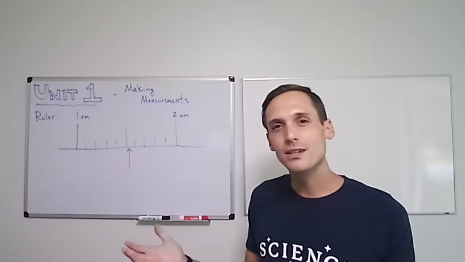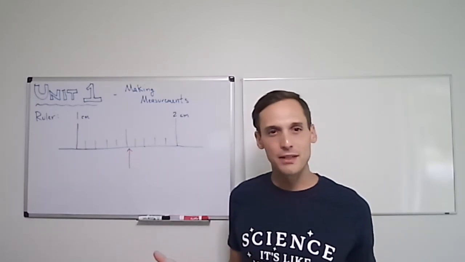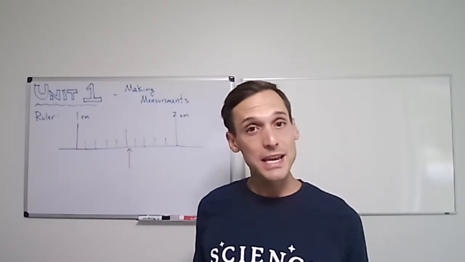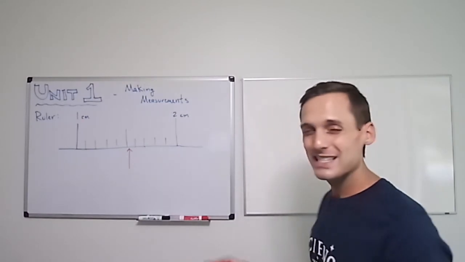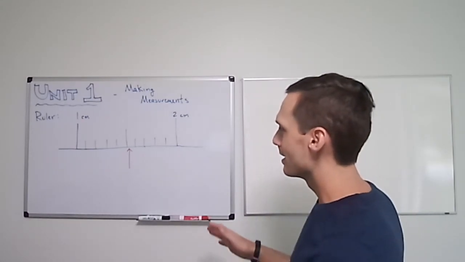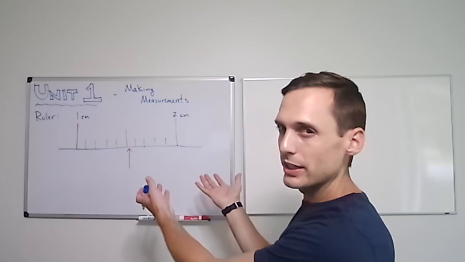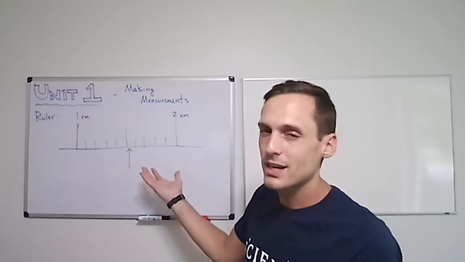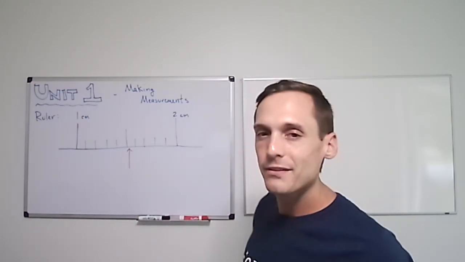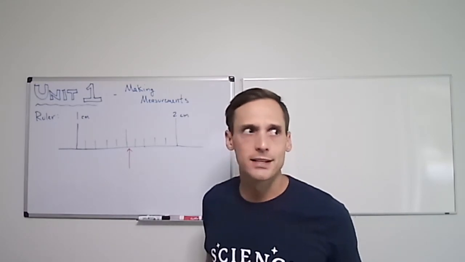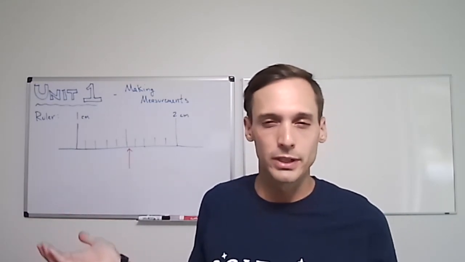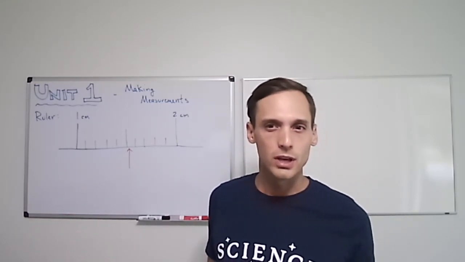The reason we need a standard method in order to make measurements is not because 2 people might look at this, and one of them says it's 1.53, and the other says it's 72. That's just completely wrong.